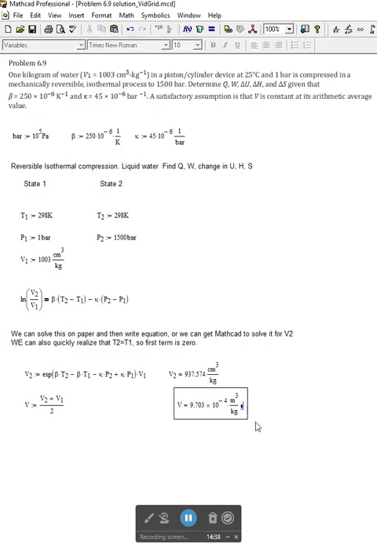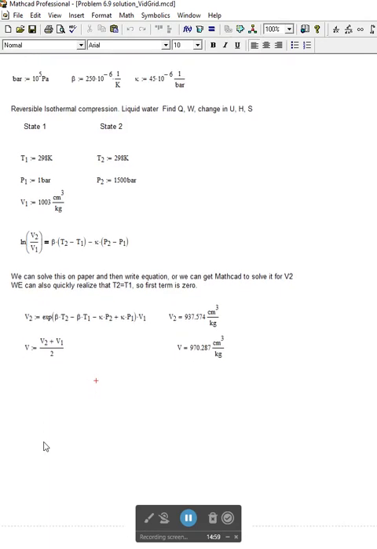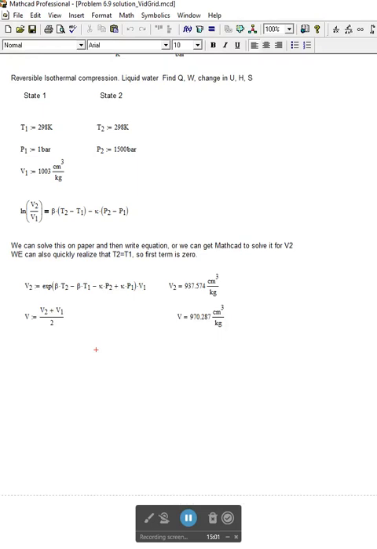Formatting is a lot of what you end up doing with any kind of MathCAD or spreadsheet. And so we see what we have here. So the initial volume was 1,003 centimeters cubed per kilogram. Our final volume, 937. We're using an average volume whenever we need it of 970 centimeters cubed per kilogram.